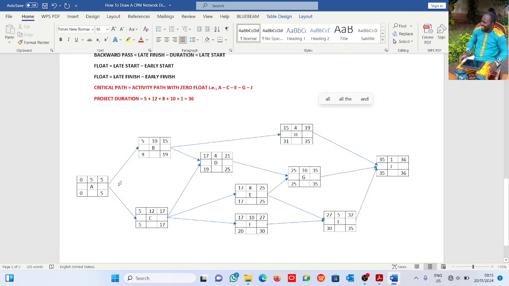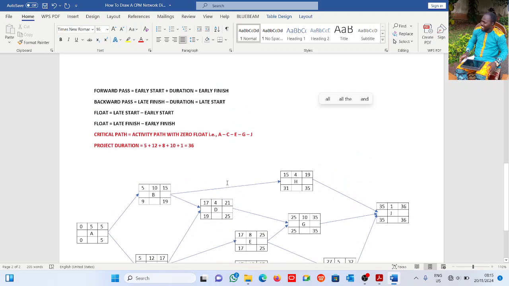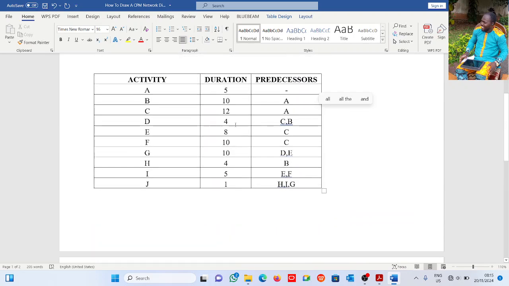In some cases, if I'm working with a machine, a bulldozer, I do the clearing and the topsoil at the same time. But if not, I have to clear, then do topsoil, and then start my excavation. So D has B and C as predecessors. D has a duration of 4.